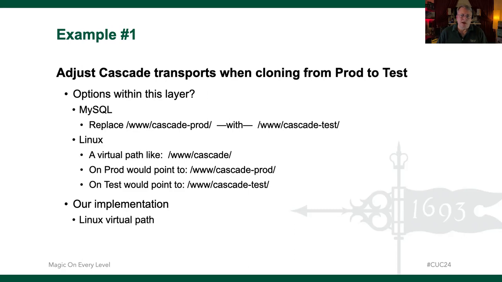As long as the virtual path that Cascade transport uses is functional, Cascade neither knows nor cares about our tomfoolery. Our choice? Well, we decided to modify the paths in Linux. Why? Comfort and simplicity. Our server colleagues in IT were comfortable with the solution and found it easy to implement with their container build process, but either solution would work just as well.